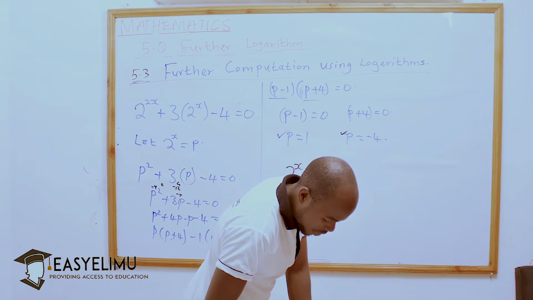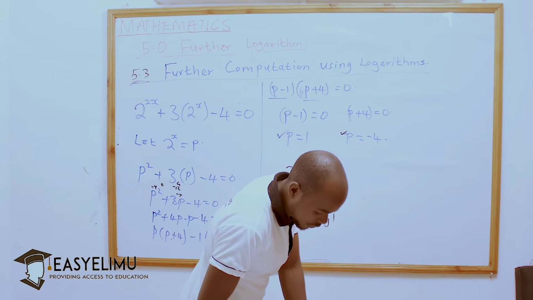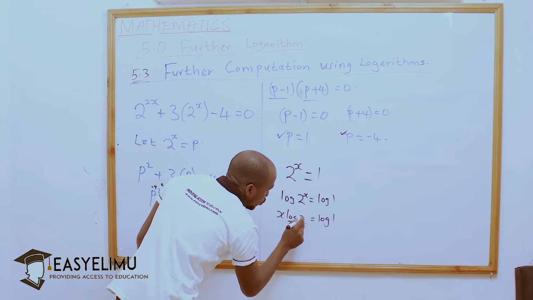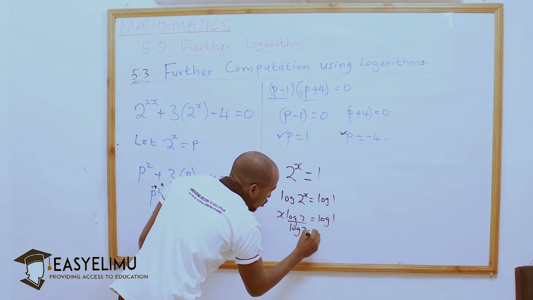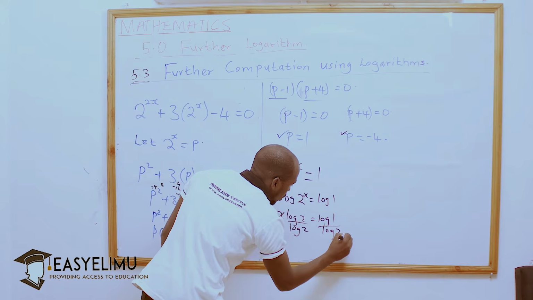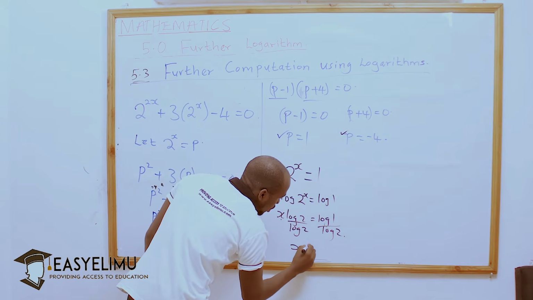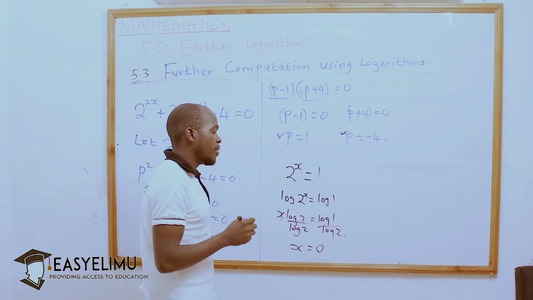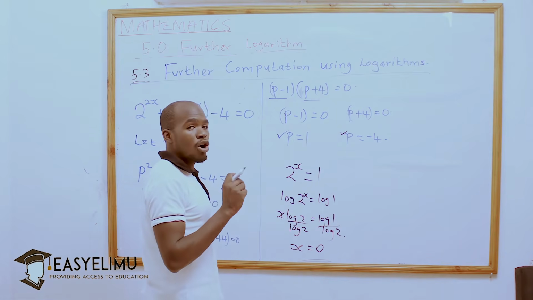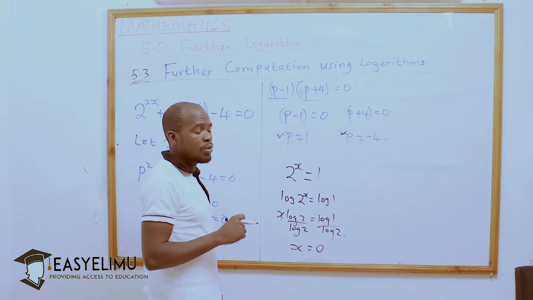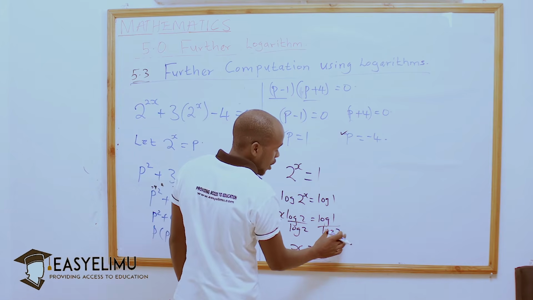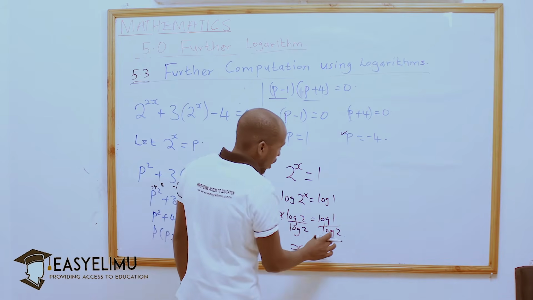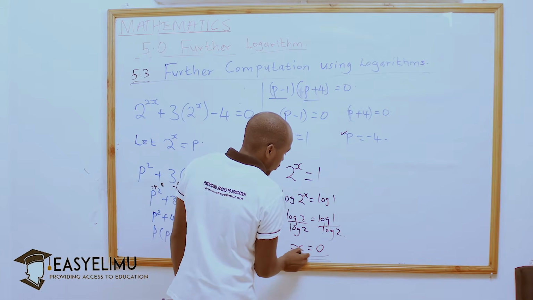And log 1 is equal to 0. So you shall divide both sides by log 2. Log of 1 to any base gives you 0, so the numerator is 0. And log 2 is 0.301, and if you divide 0 by that, you will get 0, so x is 0.